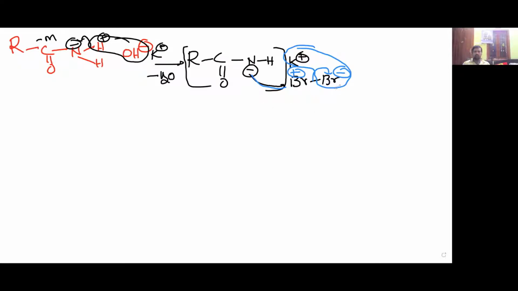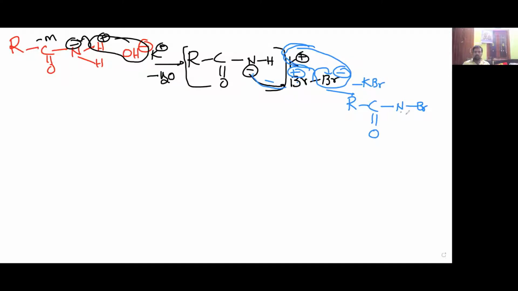Then what is our product? RC(=O)N, the negative charge is connected to bromine, and here hydrogen is there. Here KBr is eliminated, minus KBr.